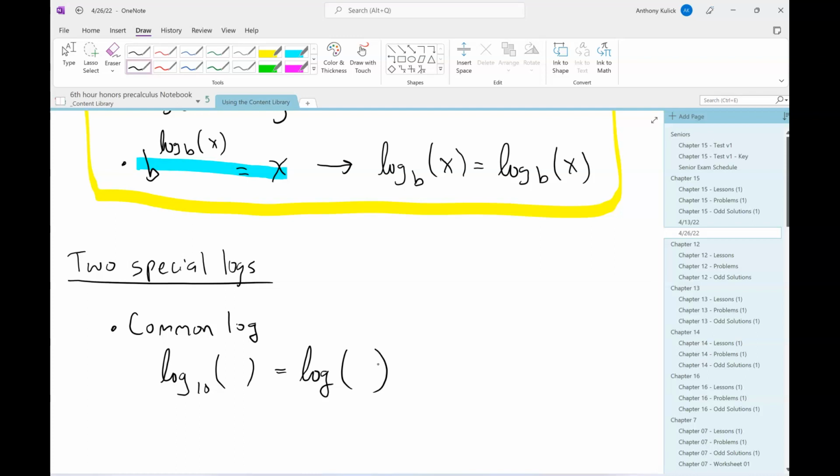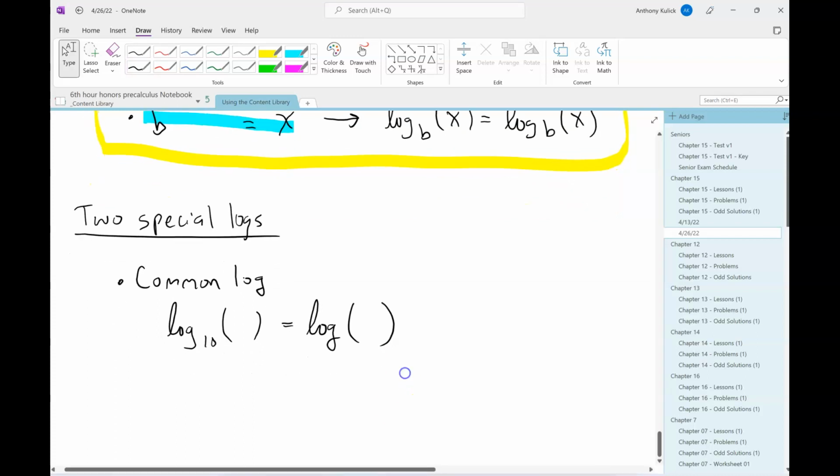Just like when we write a square root symbol, we don't put the index in there even though we recognize the index to be 2, right? The other special one is the natural log. That's log base e. And again, we don't write log base e, we write ln, and just recognize that to be log base e.